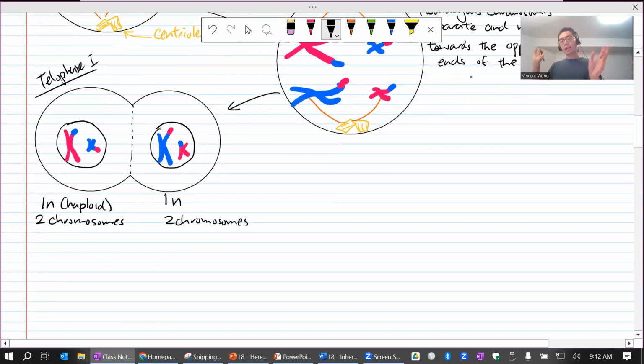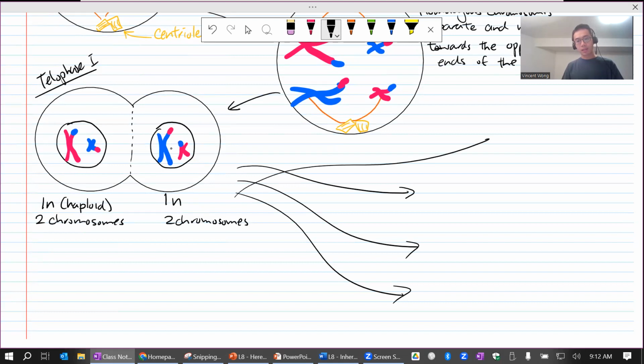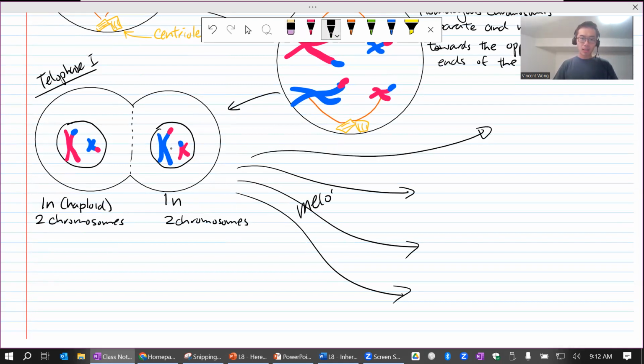Now, I'm not going to redraw the whole thing, but meiosis 2 is just the same as mitosis. These chromosomes are going to line up again in the center, and then you pull them apart again, and in the end you're going to get this. Take a look and see if this makes sense to you. This is meiosis 2.